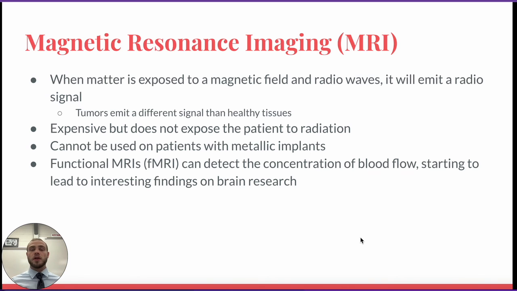So if we're looking at what areas of the brain are responsible for controlling different things, we can see, okay, if you are doing a math equation, what area of your brain is getting lots and lots of blood flow? And maybe there's some links to research there. Maybe if you are singing, what areas of the brain are getting lots and lots of blood flow? With functional MRIs, we are actually able to picture that.